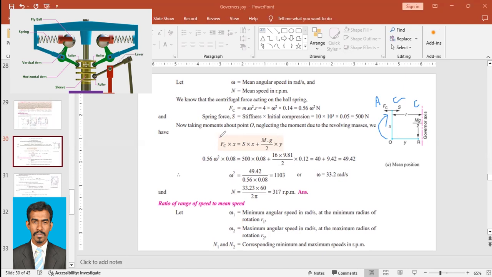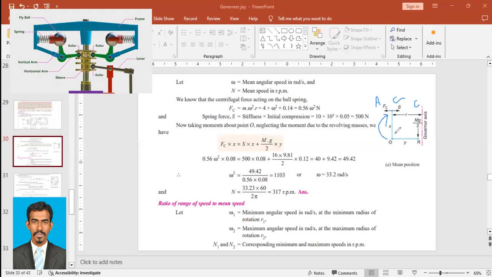If you solve it, Fc we have already found is 0.56 omega squared. So Fc is equal to 0.56 omega squared into x. Distance x was given in the question as 0.08, the ball arm is 80 millimeter. Equal to S, the spring force, which we have already found as 500 Newton, into the same x, that is 0.08, plus mg by 2.